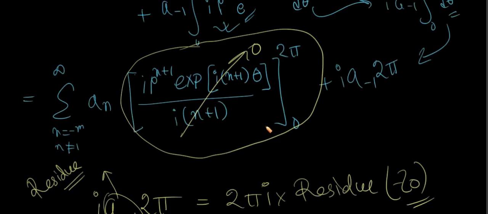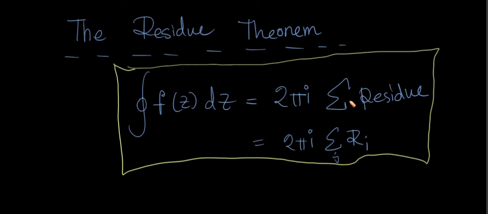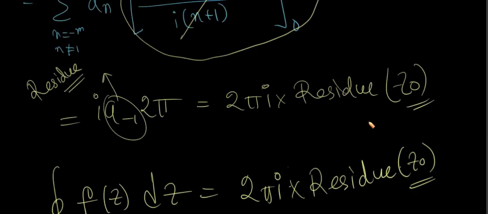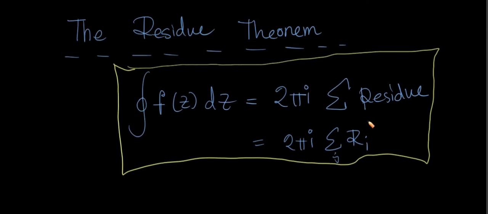So that's where this idea comes in, that if you do that in a more rigorous manner, you will see that this is just 2 pi i times the sum of the residues. And this is the theorem. Even if you don't understand the proof, don't worry. This is the theorem you need to keep in your mind to deal with the following discussions that will appear later. And this is the central theorem of evaluating contour integrals.